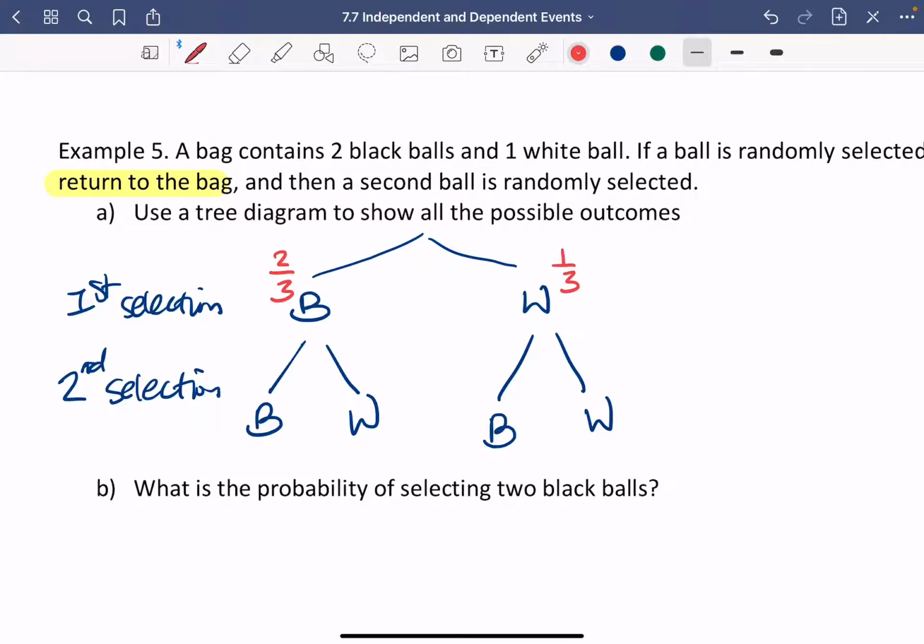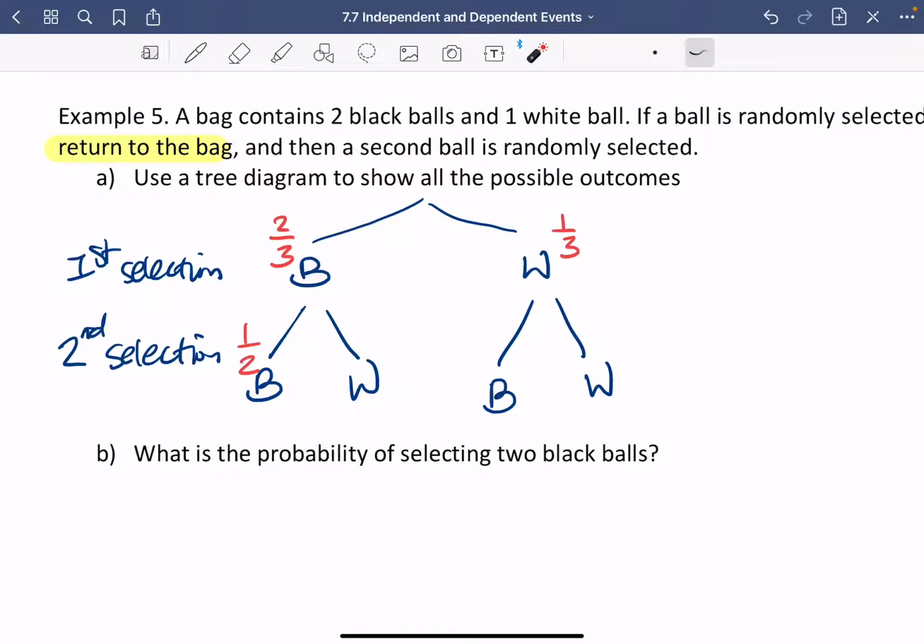And the chance of getting a black ball in the second time, if you choose the black ball in the first time, is half. Why is that? Because after you've chosen the first black ball, what's left in the bag is a black and a white. So the chance of getting black is half, and the chance of getting a white is half as well.